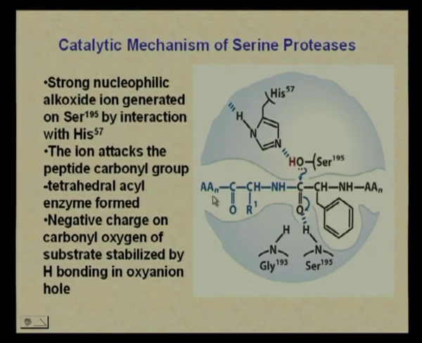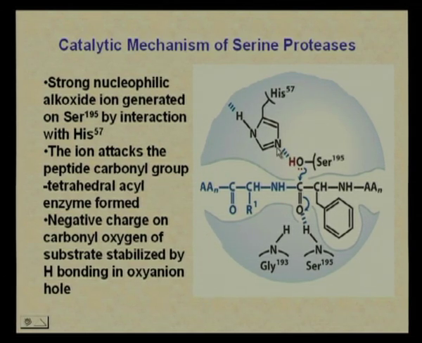Okay. So, here is our polypeptide chain inside the active site. Okay. Now, what is going to happen? The first thing that is going to happen is this histidine 57 is going to abstract the proton from serine. Okay.